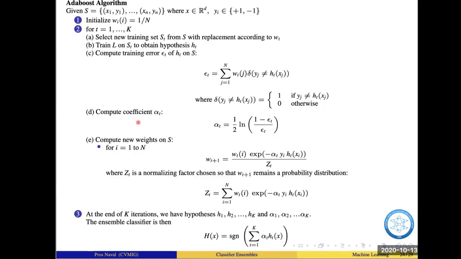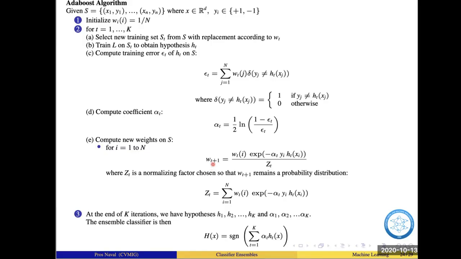Then we compute the coefficient alpha according to this formula. So 1/2 ln((1 minus epsilon) over epsilon), where epsilon is this quantity here. Then we compute the new weights for i equals 1 to n. Okay, n is your number of training points here. It should be big N, by the way. We follow this formula.